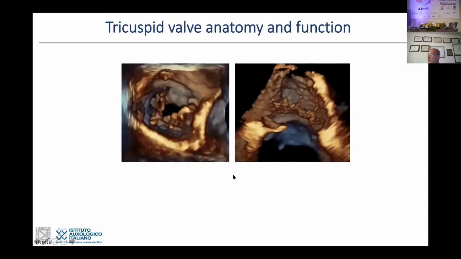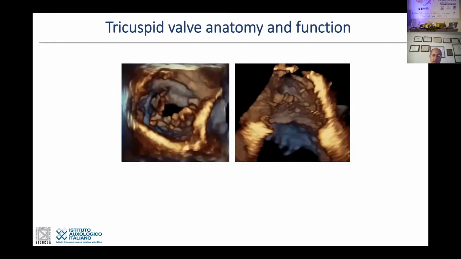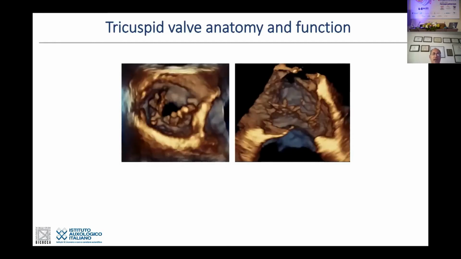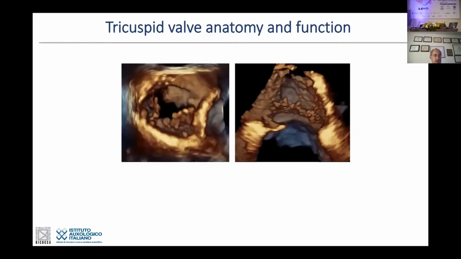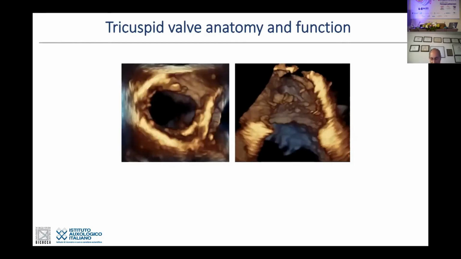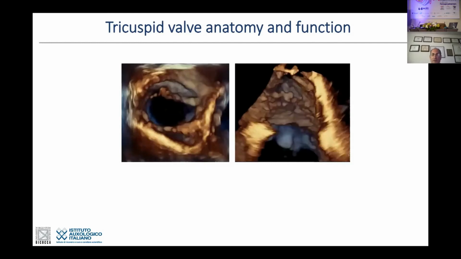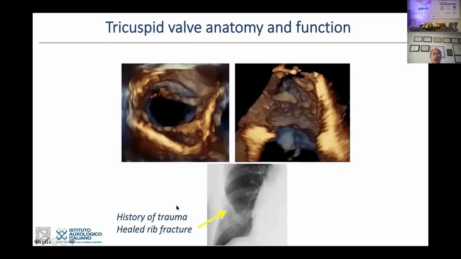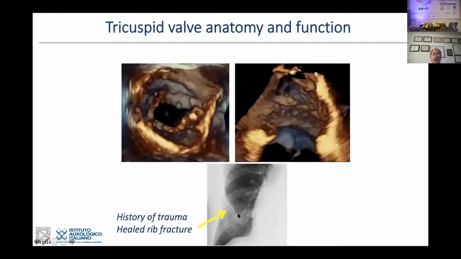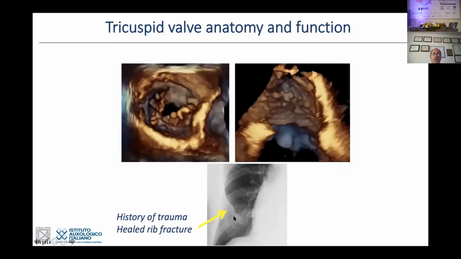So we started to ask the patient, and after a while, he remembered that at the age of 15, he was caught in a tornado, smashed against the wall of his house. And this was also shown by looking at the chest X-ray, where there was a clear sign of a healed rib fracture.